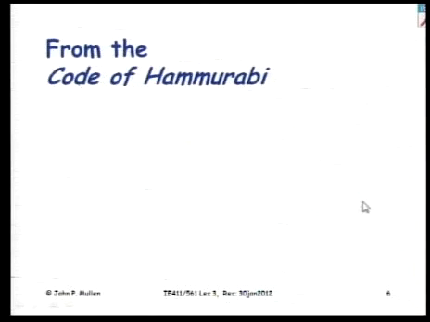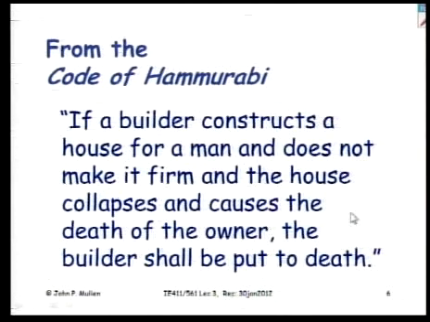Here's the Code of Hammurabi. In case you think that consumer protection is a new thing: if a builder constructs a house for a man and does not make it firm and the house collapses and causes the death of the owner, the builder shall be put to death. That's pretty stiff, when you think about it.